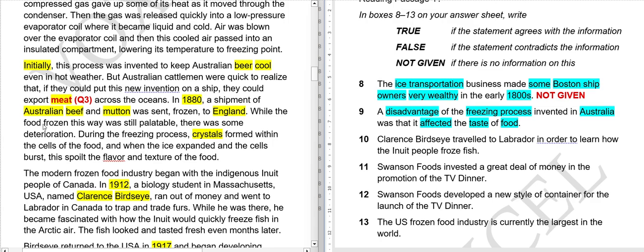While the frozen food was still palatable, there was some deterioration. During the freezing process, crystals formed within the cells of the food, and when the ice expanded, the cells burst and spoiled the flavor and texture of the food. So this is about Australia, and this is our location.